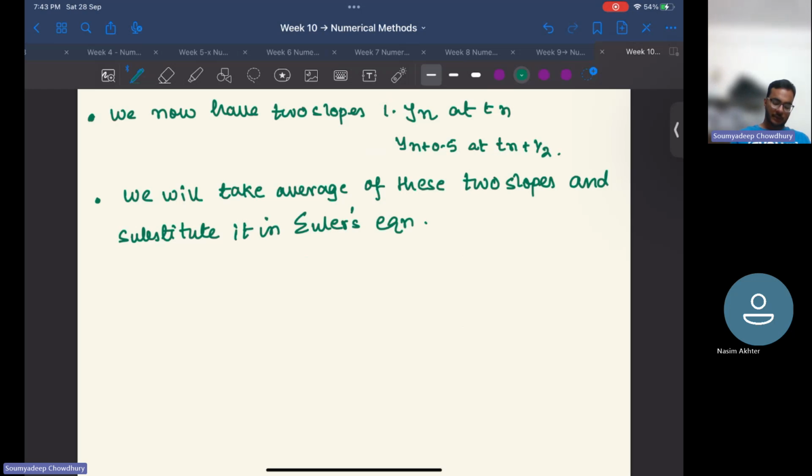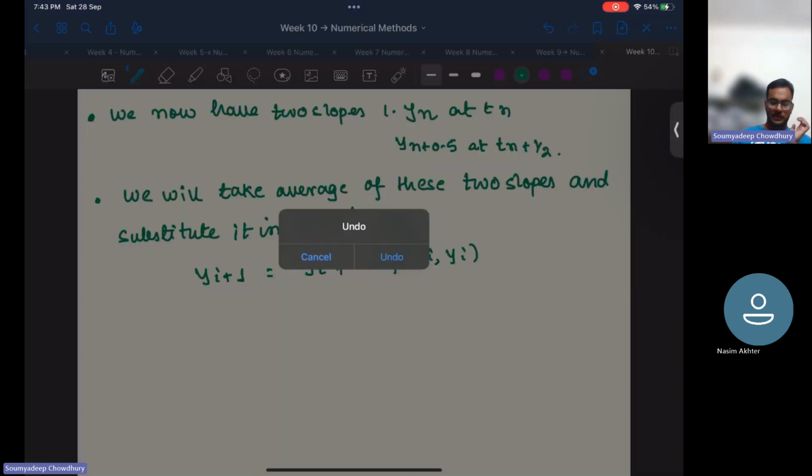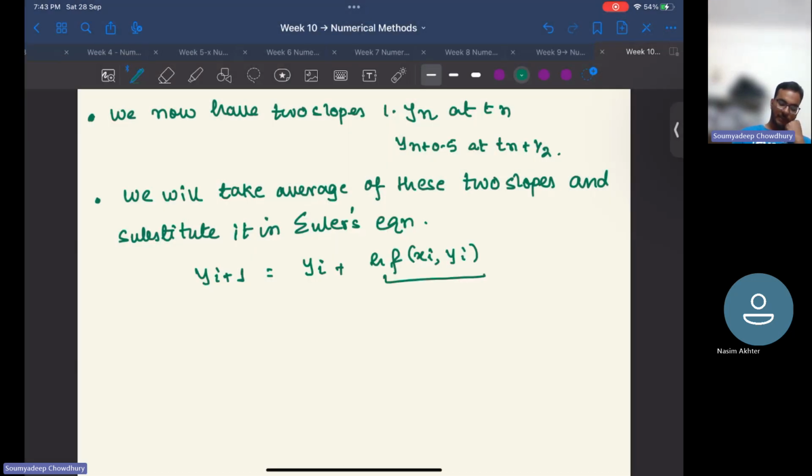What we are basically doing here, I'll write the Euler's equation again. yi plus 1 is yi plus h times the slope, f of xi, yi, the slope at xi, yi. In my Runge-Kutta method, in the second order technique, everything is the same except that we are not evaluating the slope only at xi, yi.